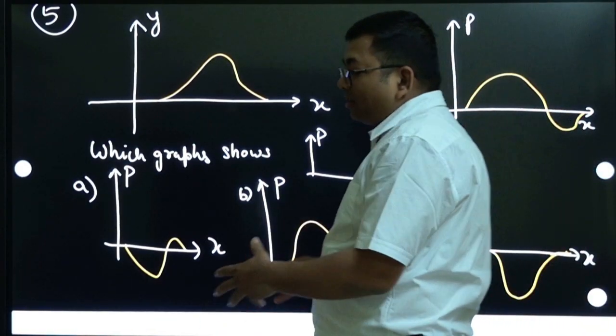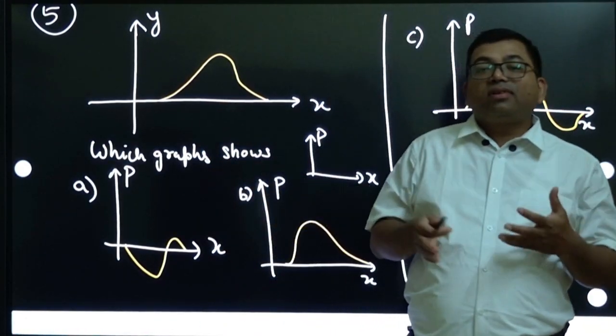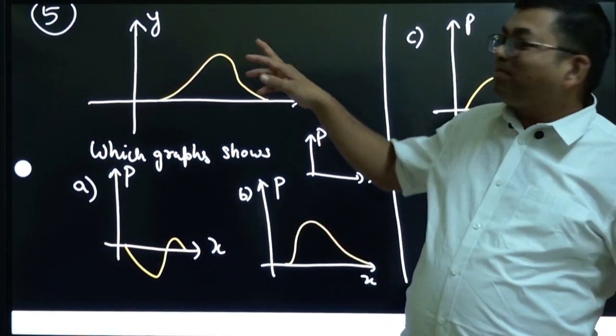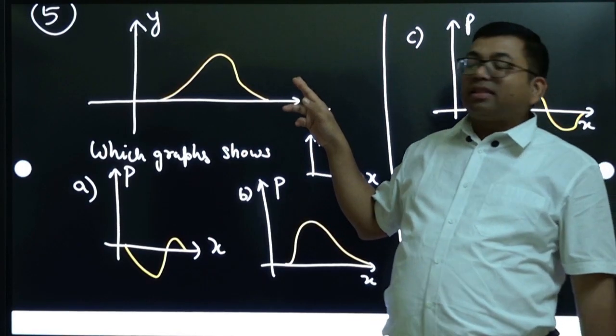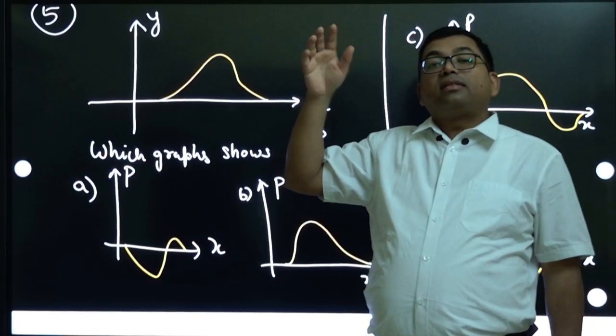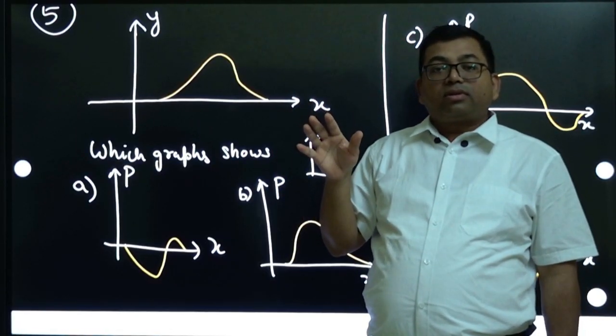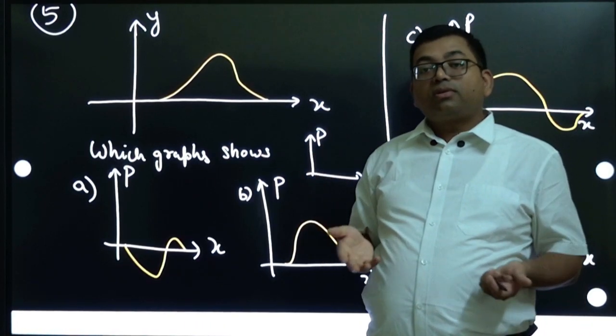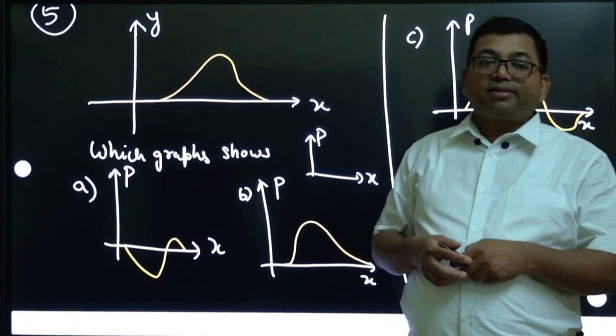And remember, from the graph we can also figure out nodes and antinodes. For example, if you are looking at the displacement graph, wherever the displacement is maximum, that is an antinode. Wherever the displacement is minimum, that is a node. Clear, right?